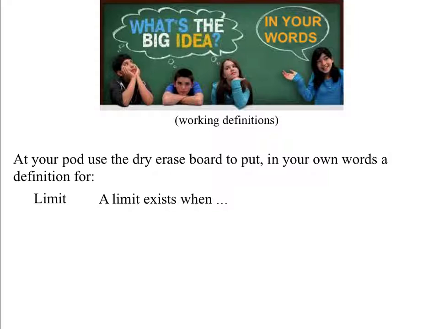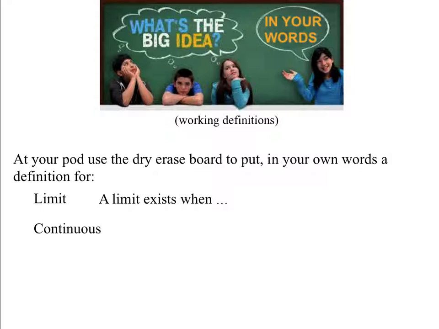We know that a limit exists when we approach that y value from both sides. We have to approach it from smaller x values and larger x values, and it has to approach that same y value.